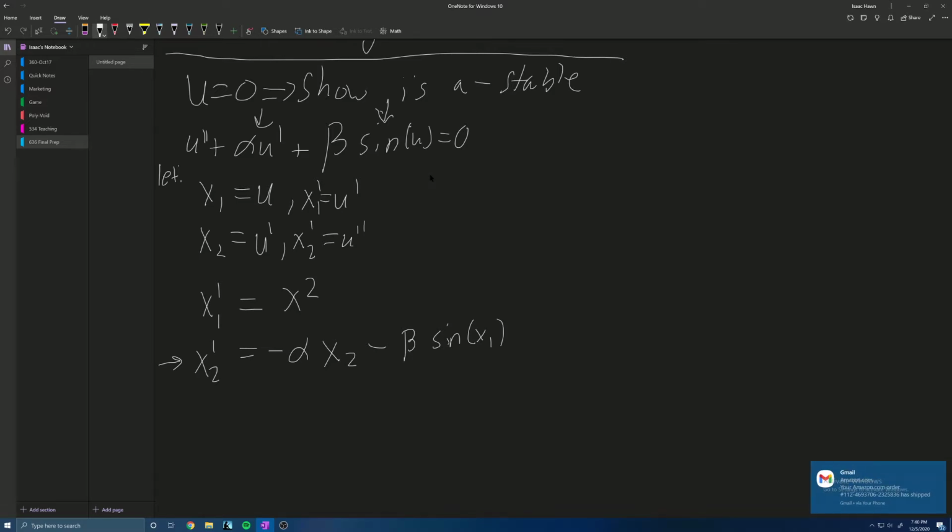So this is our system. It's the same thing, it's just that we can convert it to a matrix system and find its eigenvalues and say different things about its stability and so forth. So let's convert this into a system.